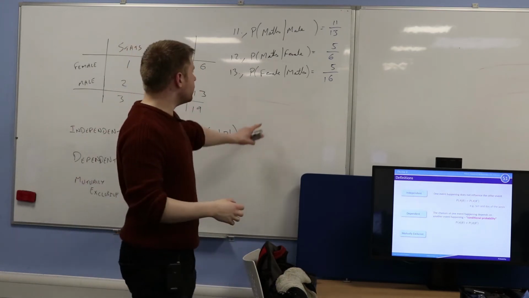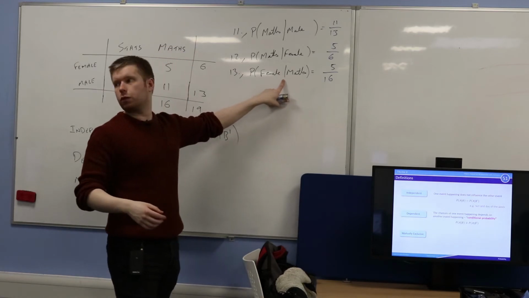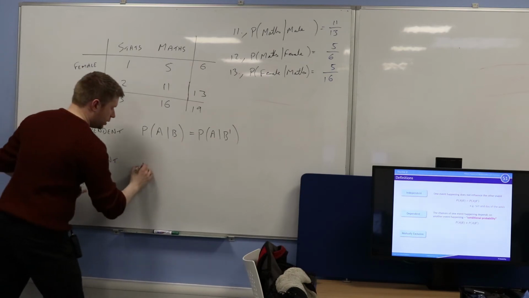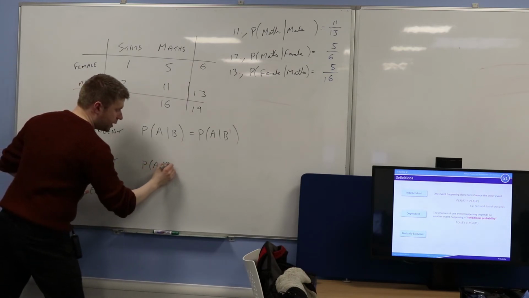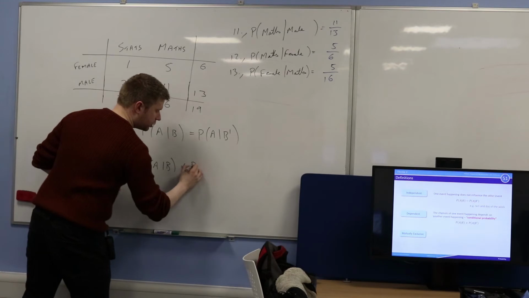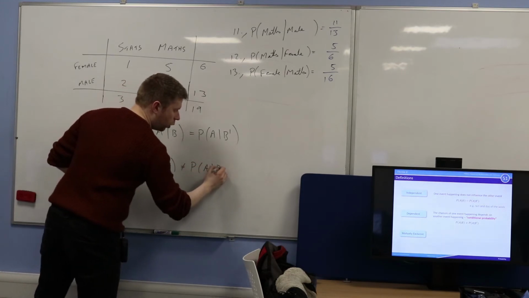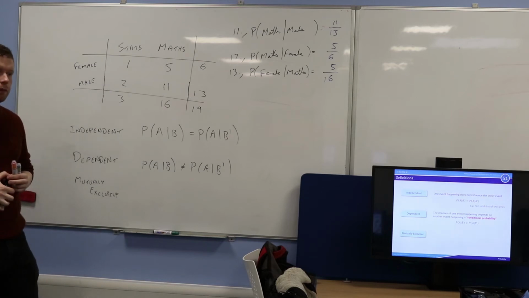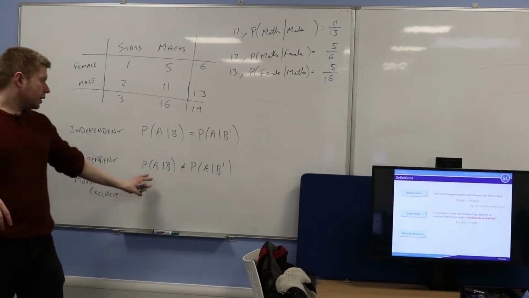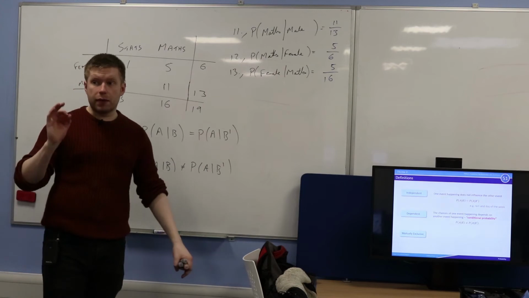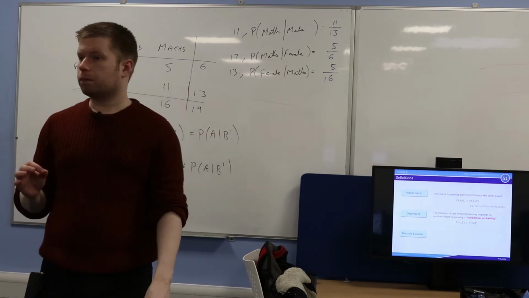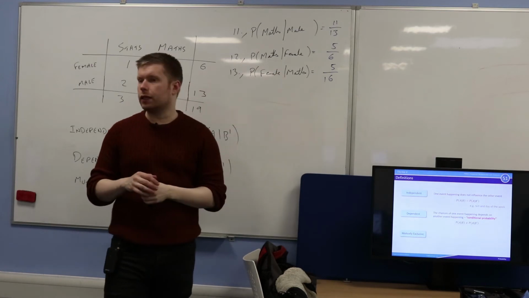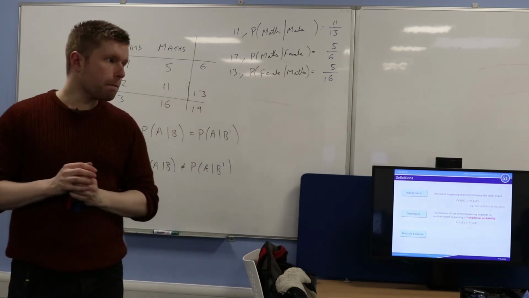So another way of saying dependent is that the probability of A given B should not be the same as the probability of A given not B. By the way, that dash means not B, B has not happened. So if these two things are not equal to each other, it means that they must be dependent on each other. So it's this idea of conditional probability. Is that okay?